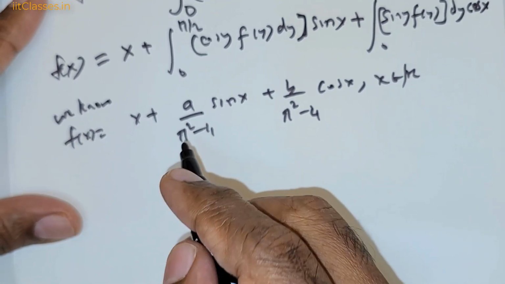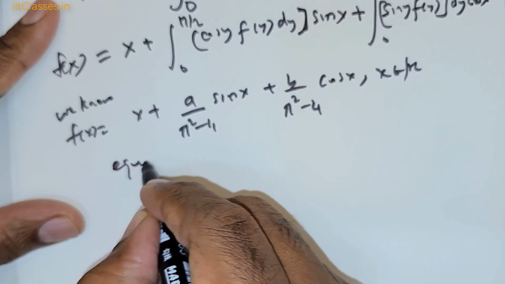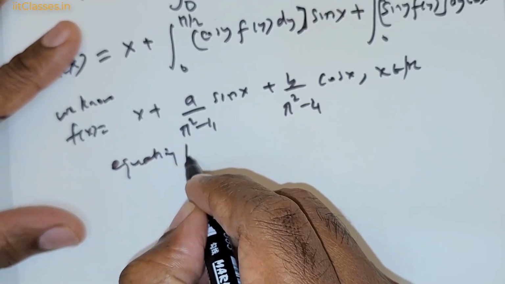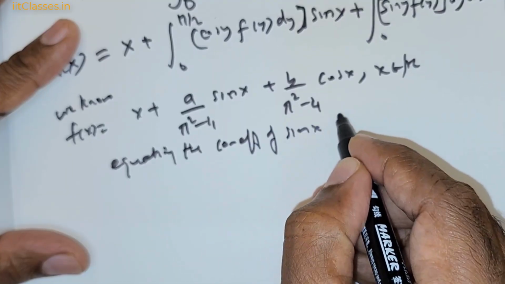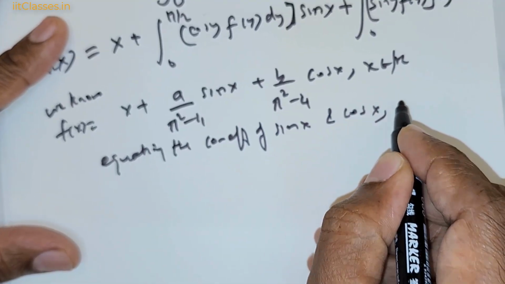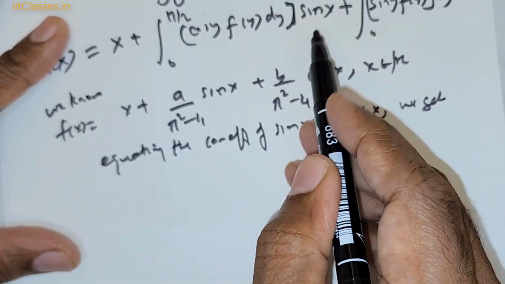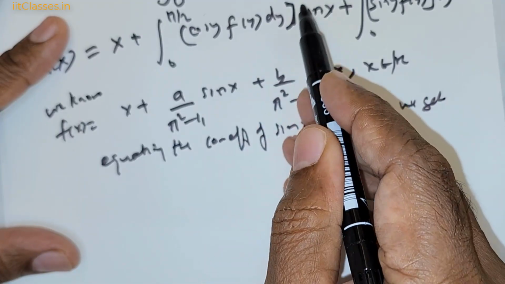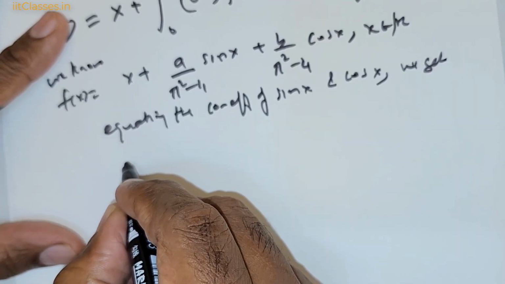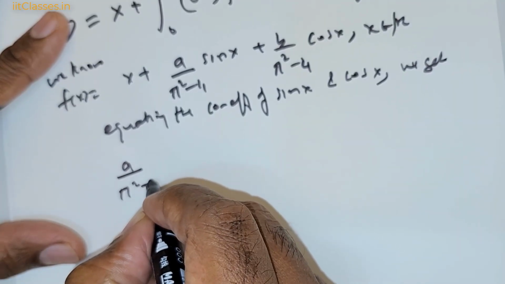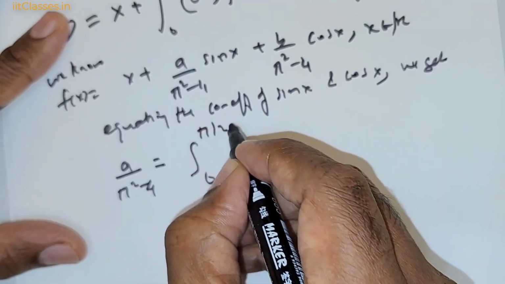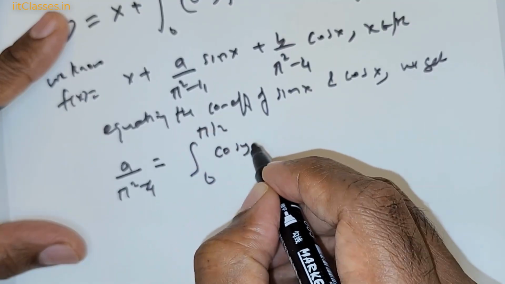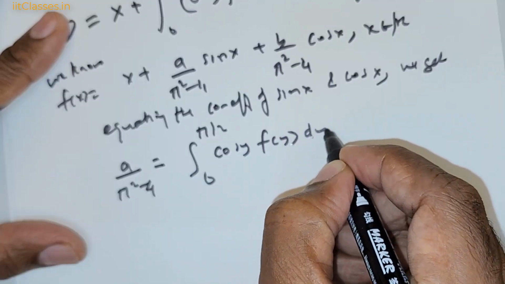So equating the coefficients of sin x and cos x, what do we get? Sin x and sin x: a over pi squared minus 4 is equal to the integral from 0 to pi over 2 of cos y f of y dy.